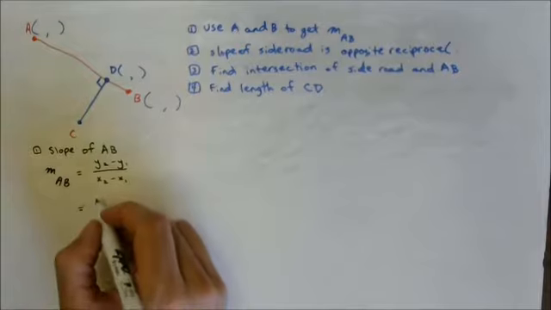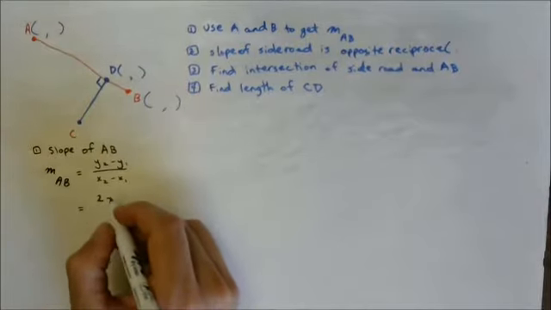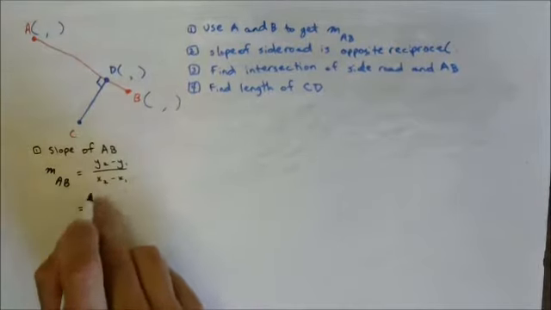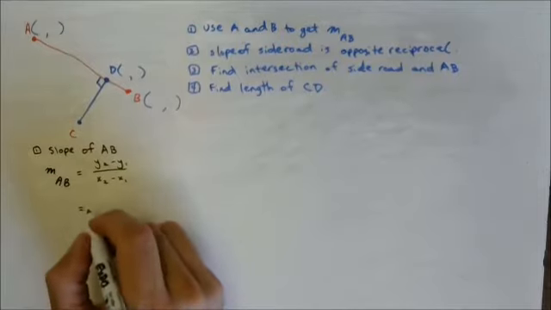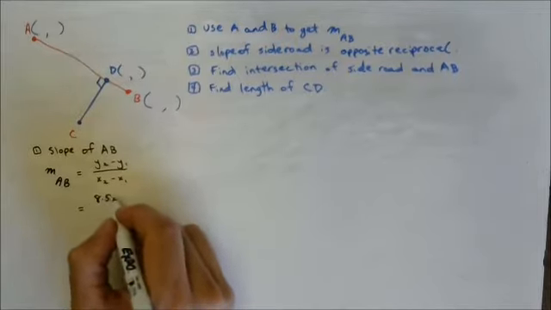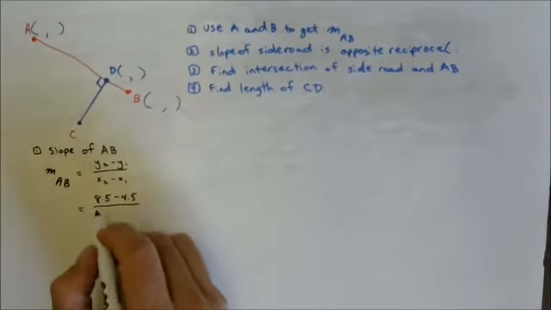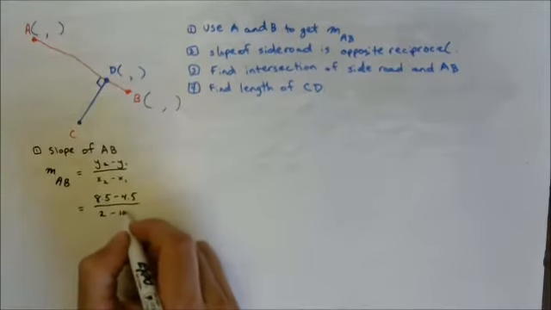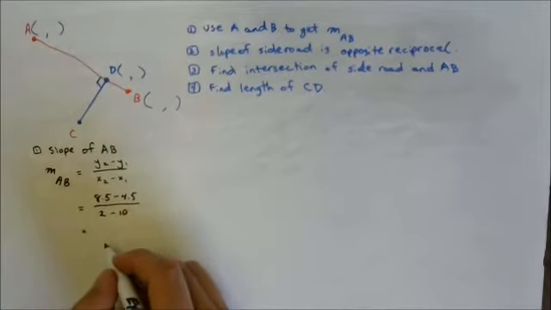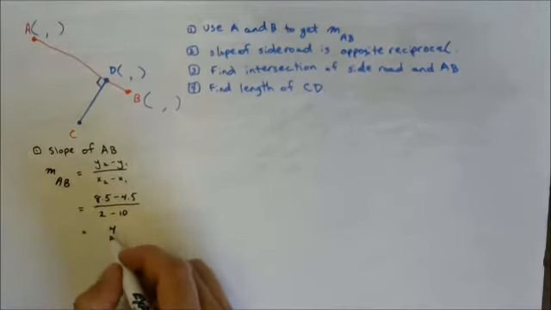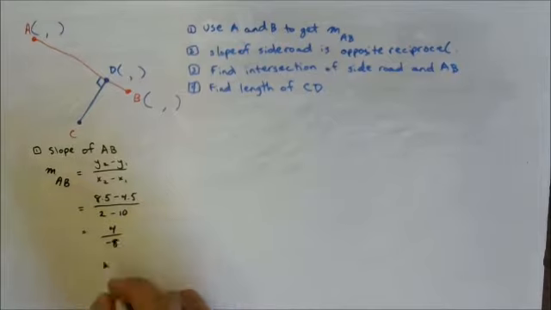I'm going to go 2 minus, sorry, that's my x values, so that's going to go on the bottom. But the y values then, 8.5 minus 4.5 over 2 minus 10. The numerator reduces to 4. The denominator is negative 8. That's a slope of negative 1/2.